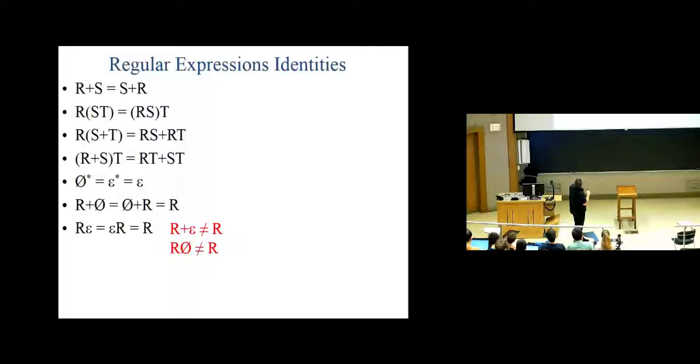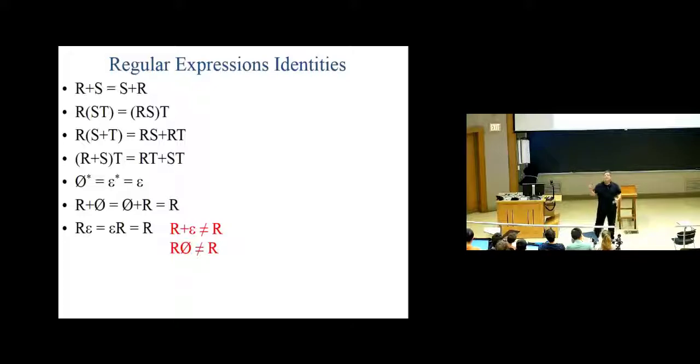The empty set star is simply the empty string taken as a language, right? I should probably have braces around this epsilon here, just to make sure that the type is correct. Okay, the empty set is the identity element with respect to union.